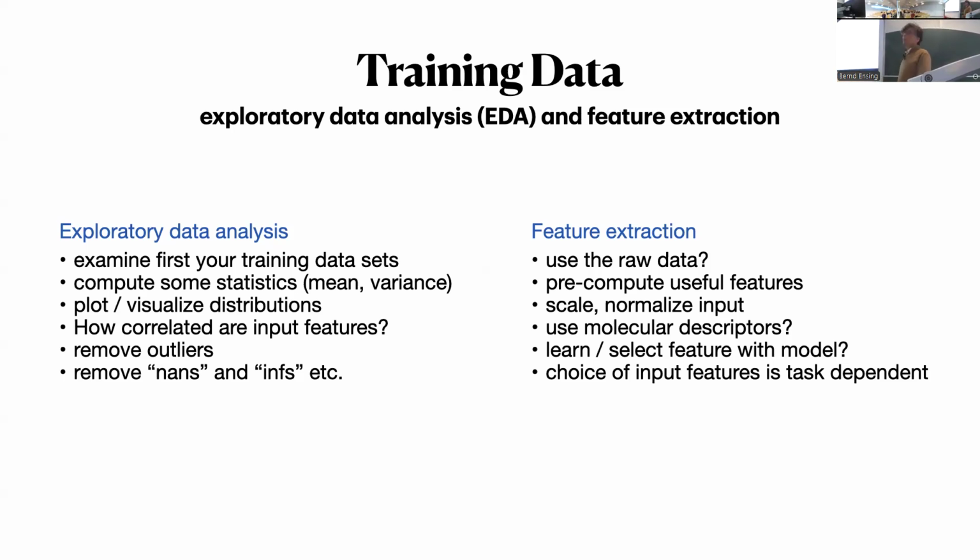Even if you download curated data sets from the web, they may have weird infinities or maybe some rows in your sheet are missing, and so you probably need to clean up your data a little bit. So always first have a look at your data, because otherwise you may discover your machine learning method is doing weird stuff and it's just your data.